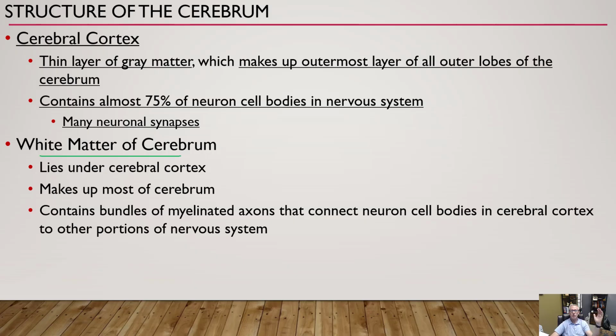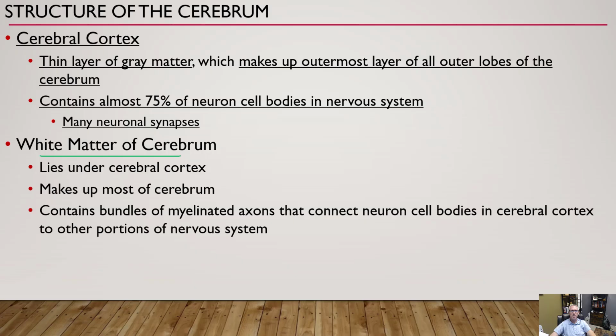Remember myelinated axons versus unmyelinated axons. Unmyelinated axons appear gray under the microscope. Myelinated axons appear white under the microscope. So this thin layer of gray matter is unmyelinated axons.